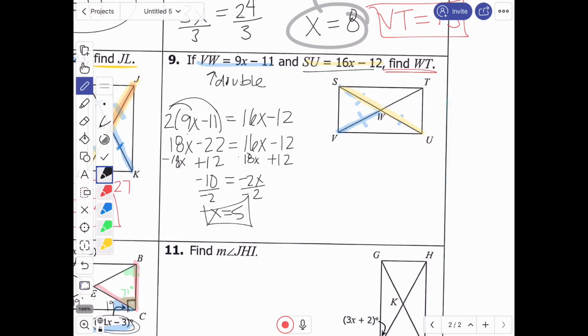But we're wanting to find WT, so WT would just be this half of one of the diagonals. So WT should be congruent to VW. So all we have to do is plug in x for that VW of 9 times 5 minus 11, which would be 45 minus 11. So we get 34. And we're finding WT.